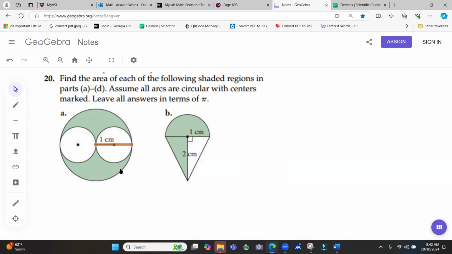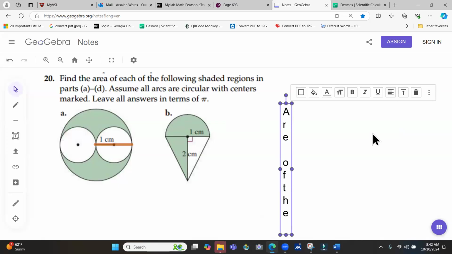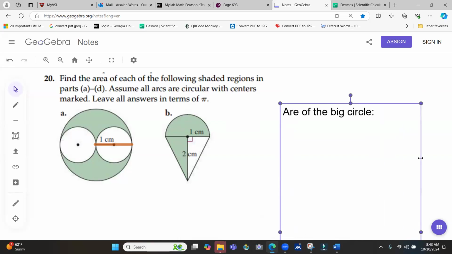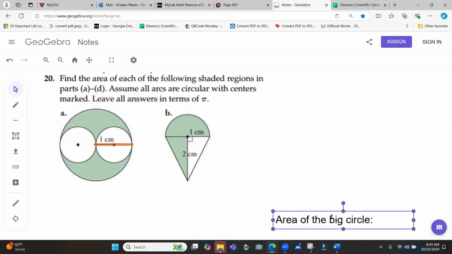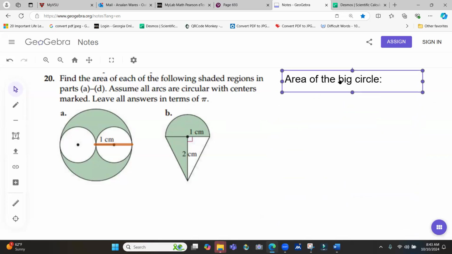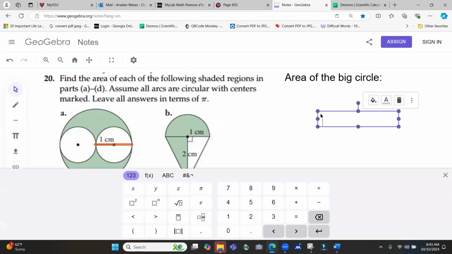So what I'm going to do, guys, I'm going to find the area of the big circle. Okay. Area of the big circle is going to be, remember, guys, that formula pi r squared. Pi is just pi, 3.142. R is the radius, and that's squared. What's the radius? The radius is 2, not 1.